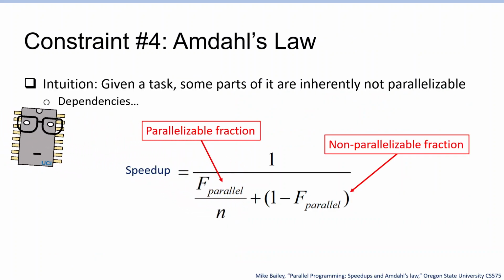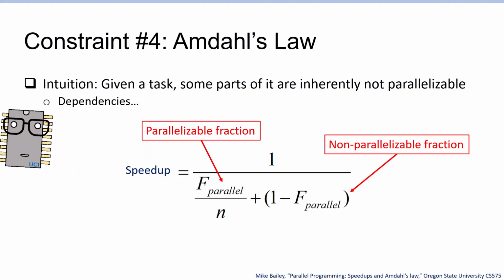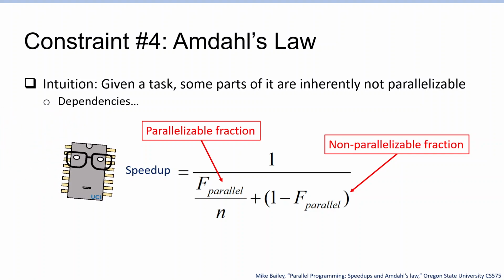The intuition behind Amdahl's law says, given a task, some parts of it are inherently not parallelizable due to dependencies between operations, etc. So given a program where some portion of it is parallelizable and the remainder of it is not parallelizable, the maximum speedup we can get as we add more cores is described by Amdahl's law.